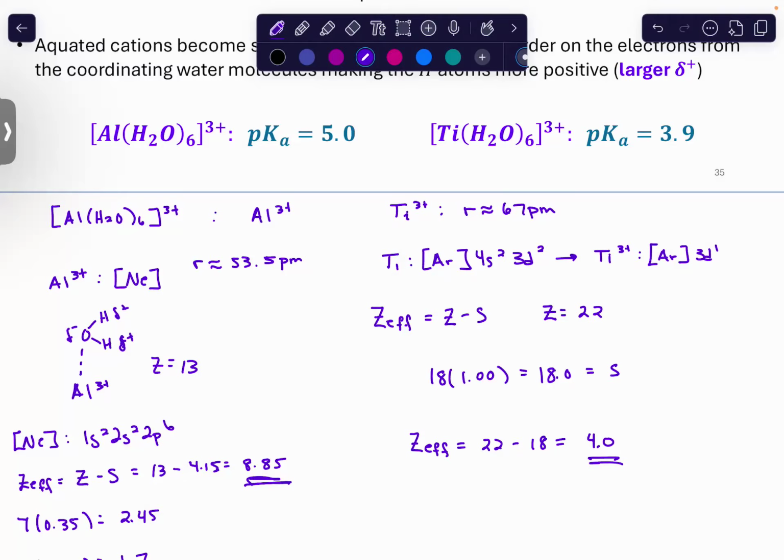Is it a larger difference in electronegativity? No. Okay. It's a different way that the electrons on the oxygens are interacting with the titanium. So how is the interaction over on the aluminum?